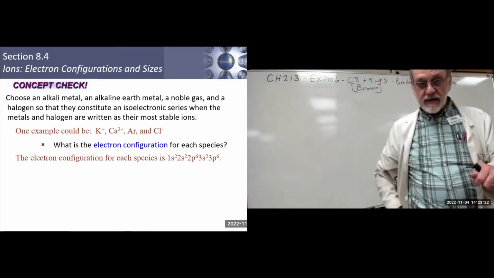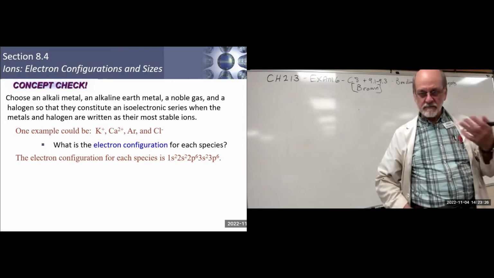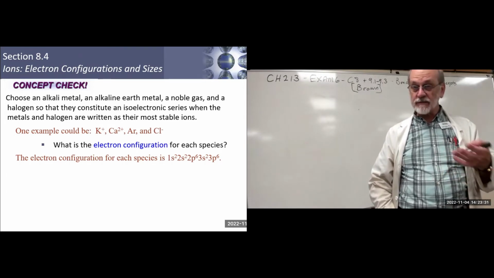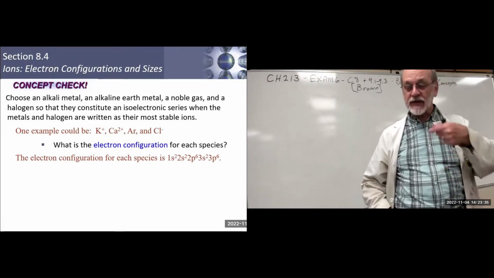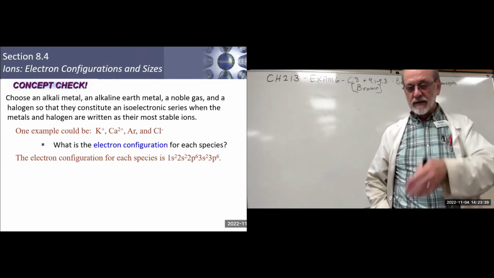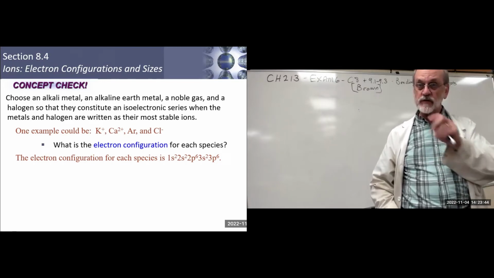And you'll notice that iso means same. It's a Greek prefix that means same. So they're the same electronic configuration, isoelectronic. That means they have to have the same configuration. And in this case, argon's in the middle. We use the argon configuration to describe the configuration of each of those other ions.